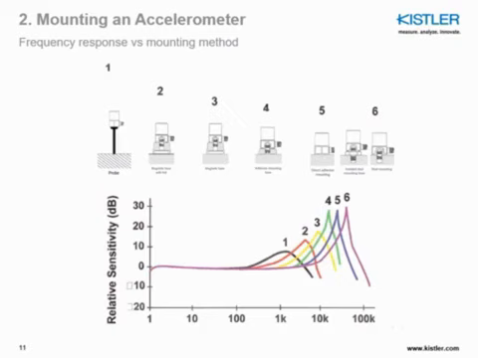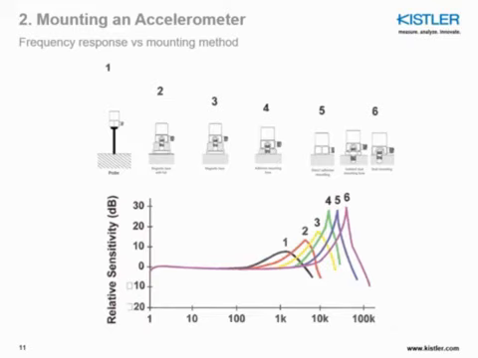Here, it's basically a summary of what we just discussed. From the left to the right, we go from the softest mounting to the stiffest mounting. Whenever we calibrate a sensor that can be stud mounted, we always stud mount that sensor. That's the purple line you see, mounting type number 6.